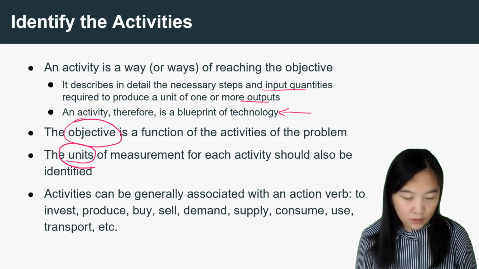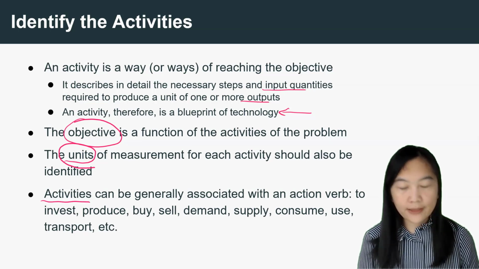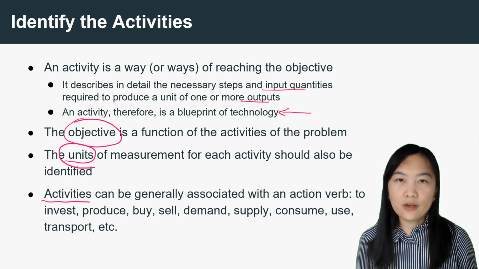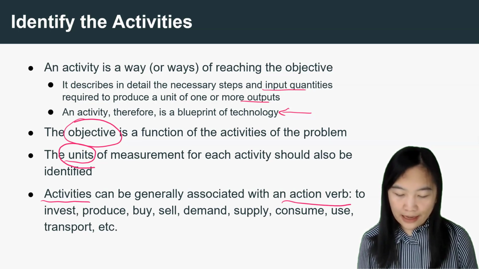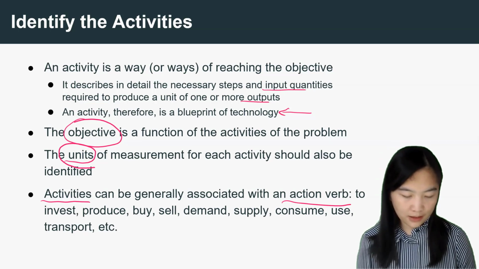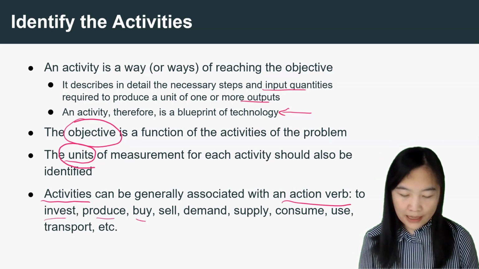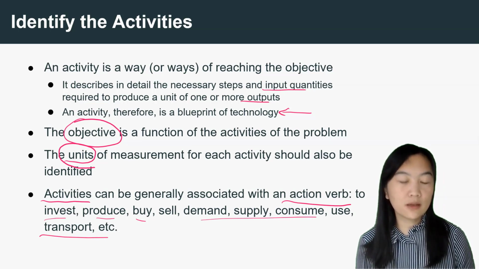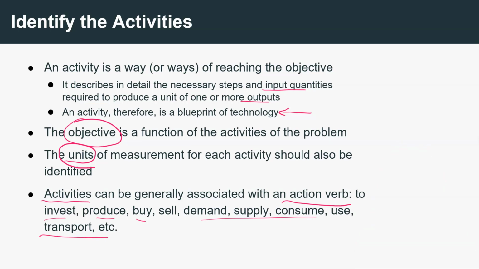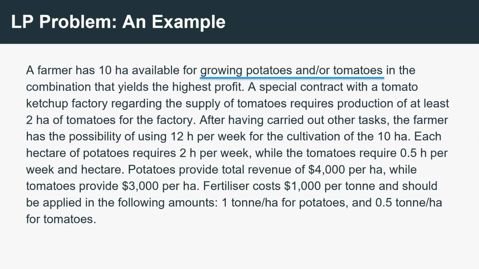When you're trying to identify activities, you generally try to find in your verbal problem an action verb, something like invest, produce, buy, and a lot of other words. Those are generally an indication of the activities. In our verbal problem, it is growing potatoes and tomatoes.